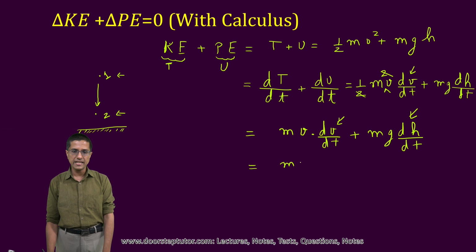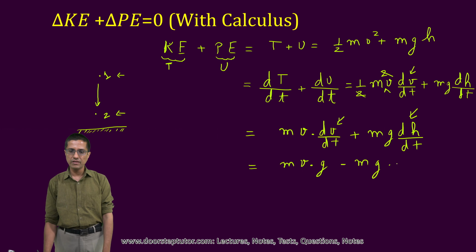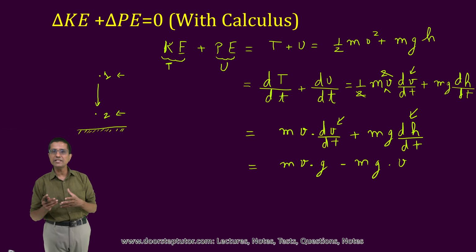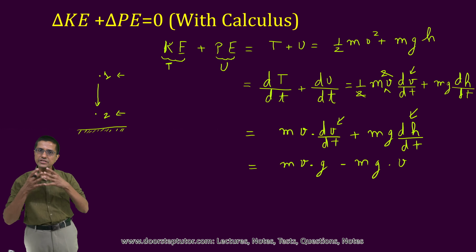Okay, and we will say that mv dv by dt, dv by dt is just the acceleration which is due to gravity, which is g, minus mg, and dh by dt is actually just the velocity. Okay, dh by dt is nothing but the velocity. It is just the change in height with respect to time, which is the speed.